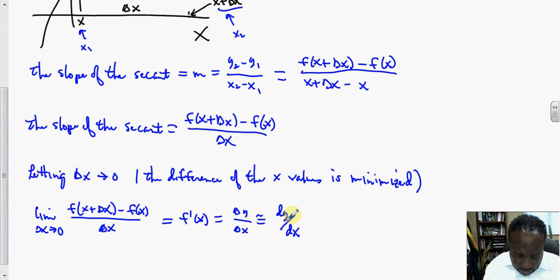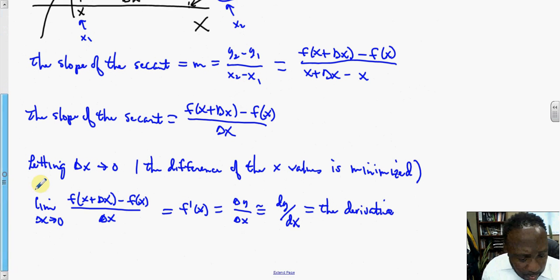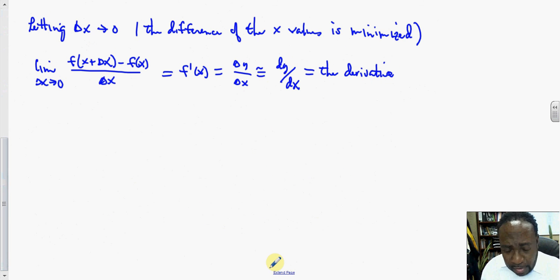The dx, the dy are infinitesimally small differences. Just a little change in x. Does it affect a little change in y? The ratio of that is said to be the derivative. And so this derivative, my friends, is said to be the slope of the tangent.